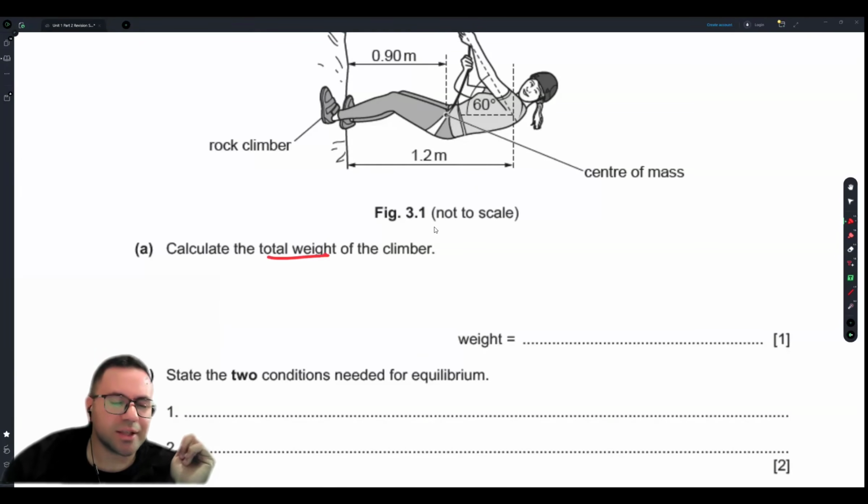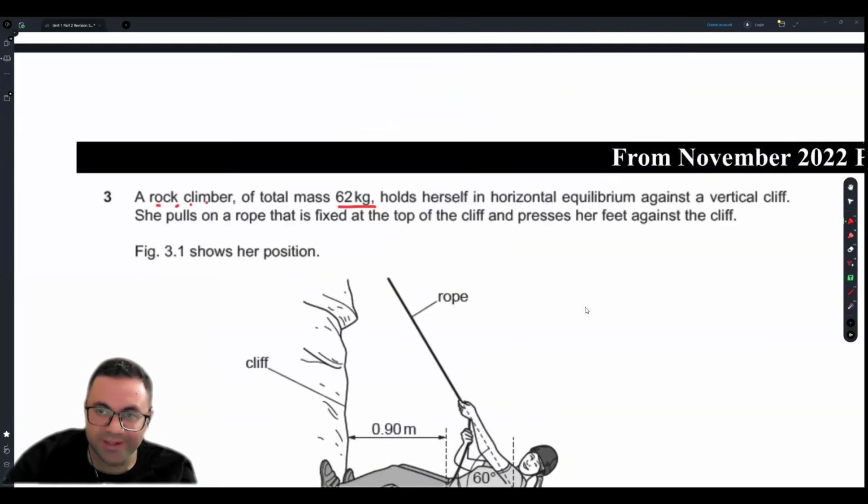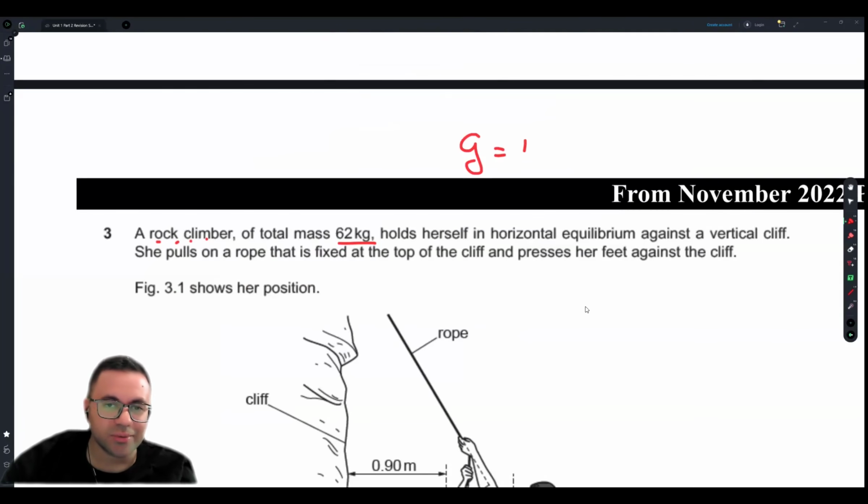Oh, that's easy. W equals mg. So what's the mass? 62. And again, this is an old question. Back then, the value of g was 10 before 2023. However, nowadays, we use a g of 9.8.